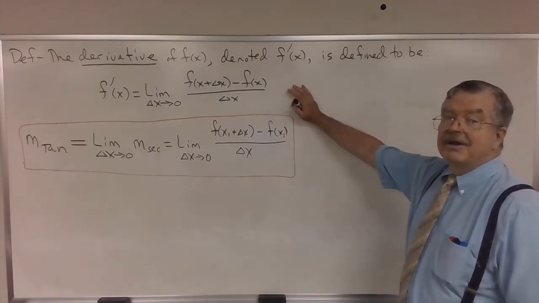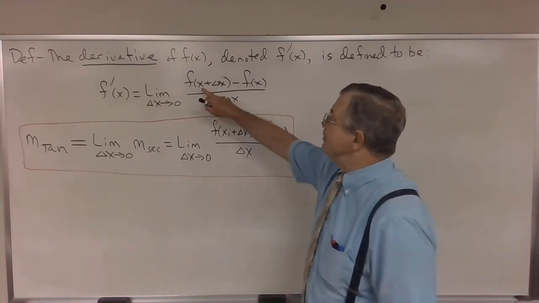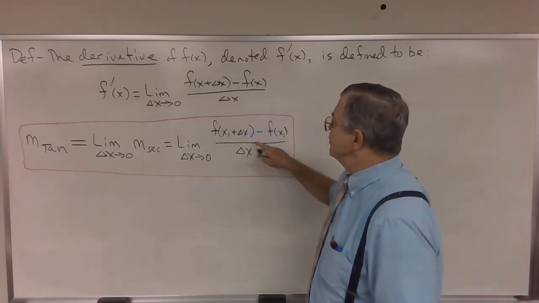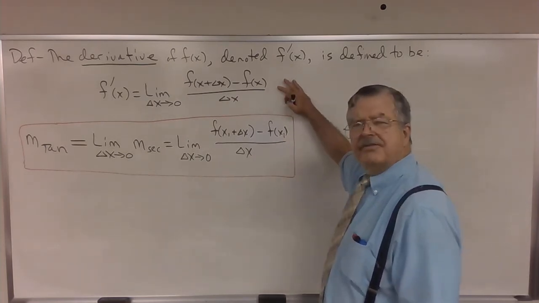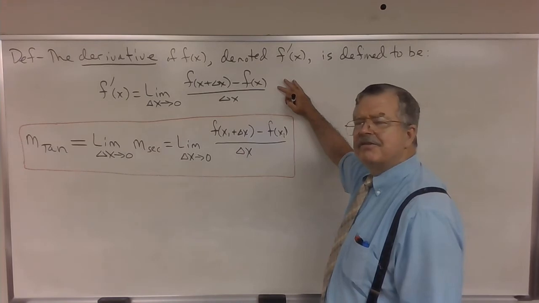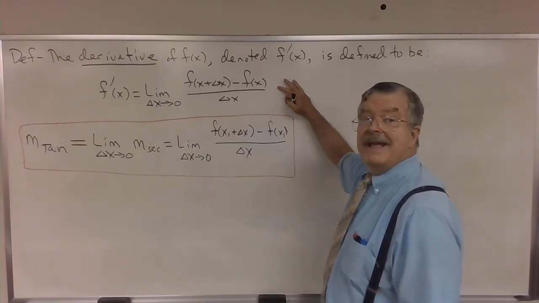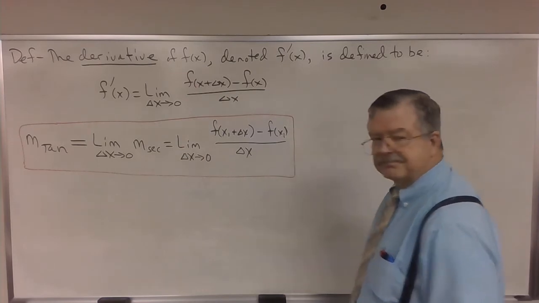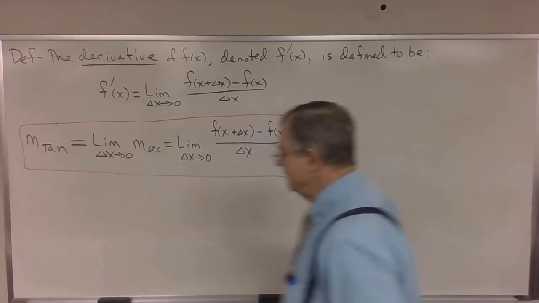So what's this going to be? If x is playing the role up here that x of 1 plays down here, then I guess this is the slope of the line tangent to the graph of f of x at the point x, f of x. Let's make that observation.